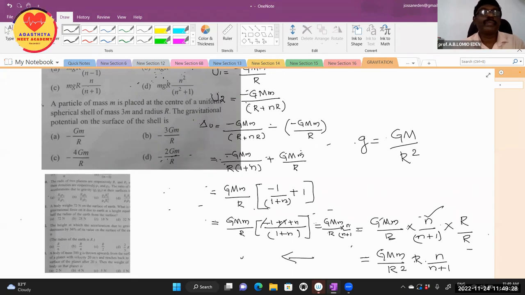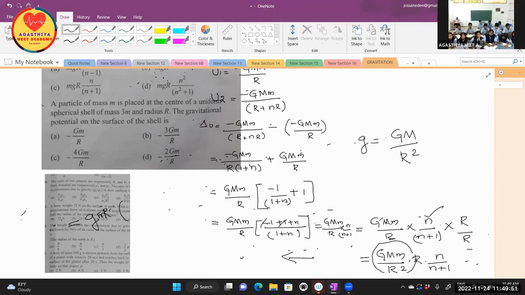Now the final answer becomes, we can express this first term, see this one, now we can be expressed in terms of g, isn't it? g R M and then yes.